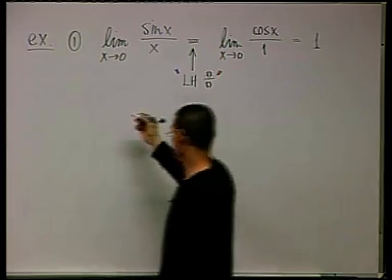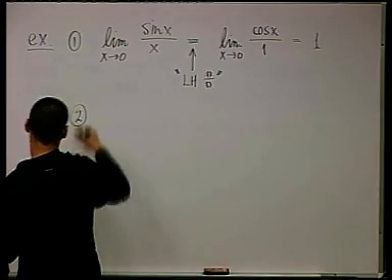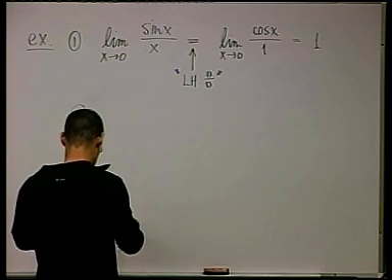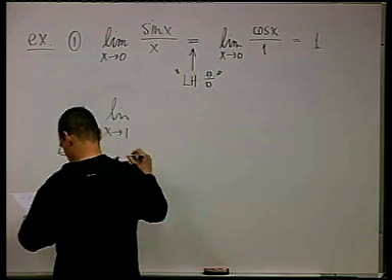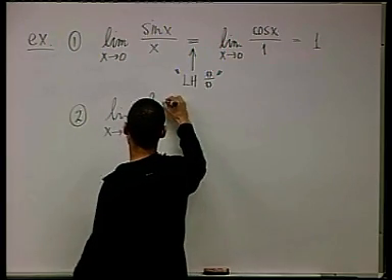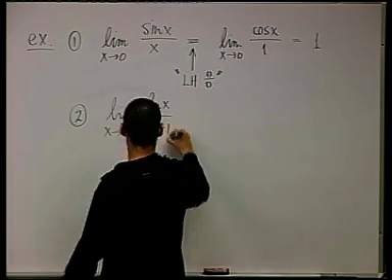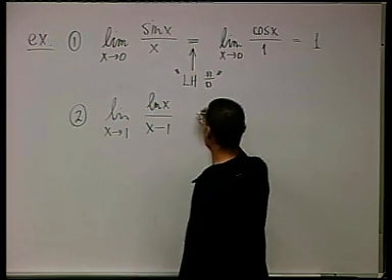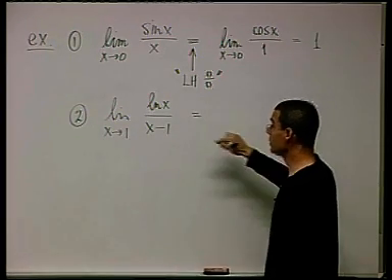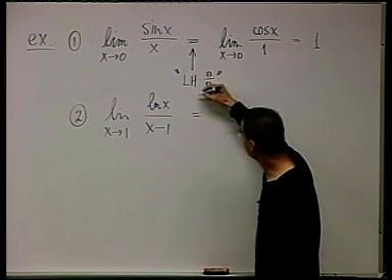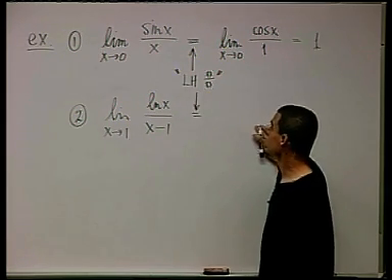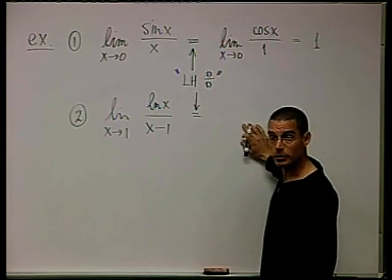Okay. Here's another example, which you can try doing without L'Hôpital. Might be a bit challenging. So, for example, the limit as x goes to 1 of ln of x divided by x minus 1. Okay, so this is a 0 over 0 situation. So it's still going to be L'Hôpital 0 over 0.